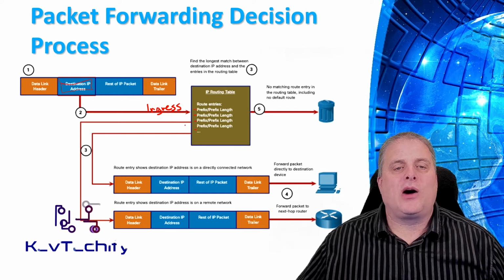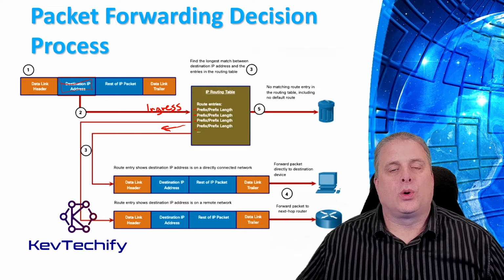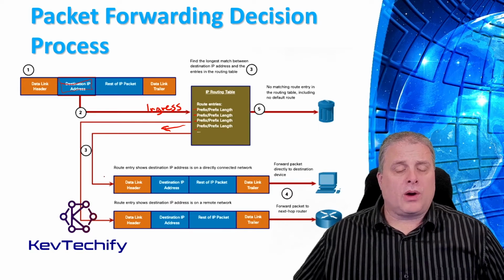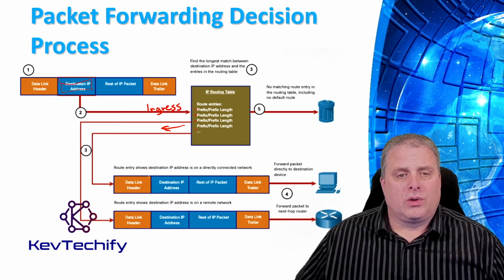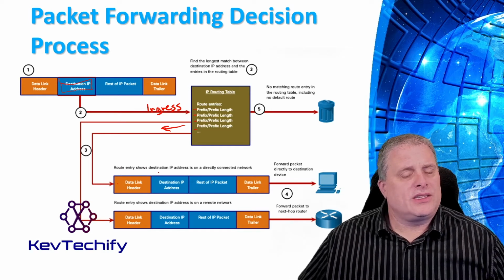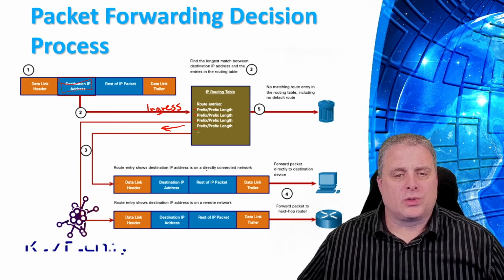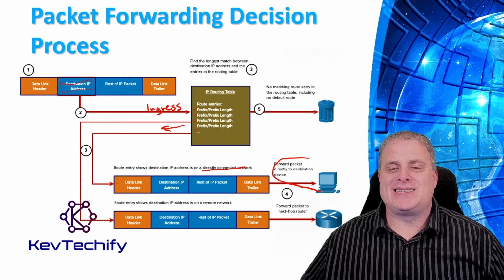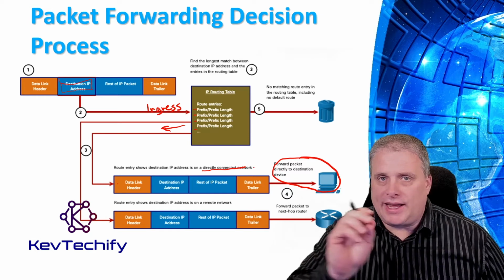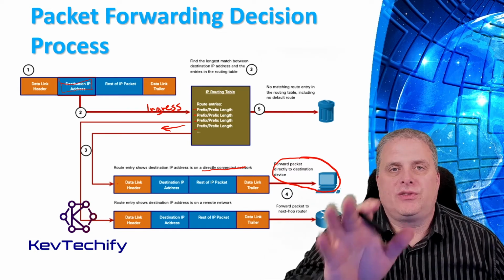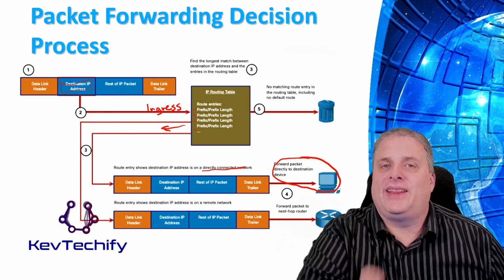It will send it out a port towards its destination. That router will do one of two things. If that destination IP address is on a directly connected network, we're just going to forward it right to that PC, to that server, to that printer, whatever that end device is.